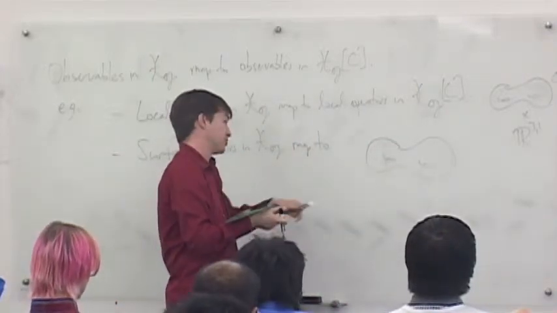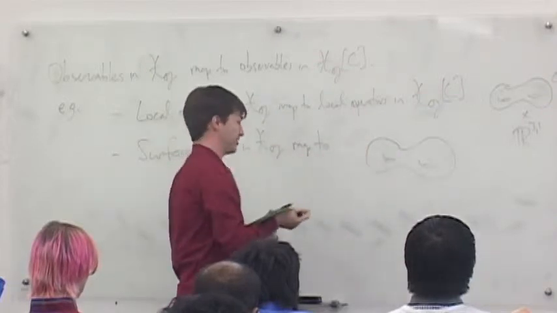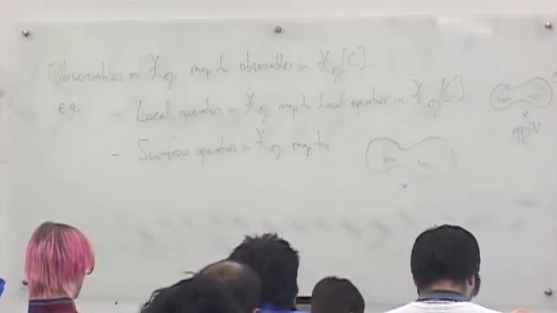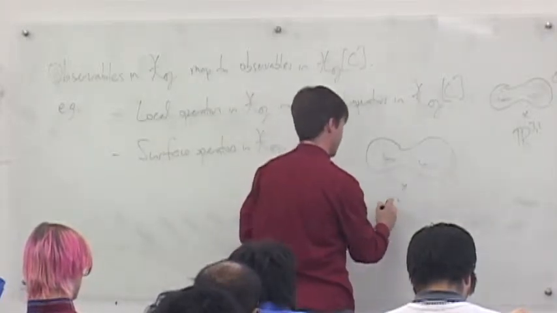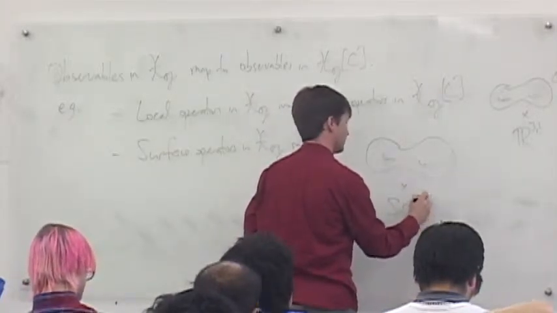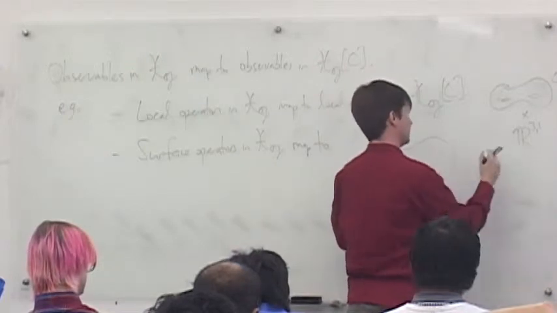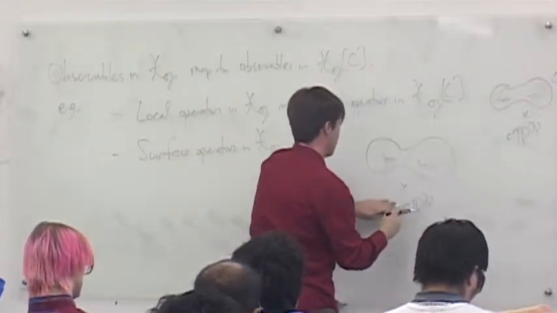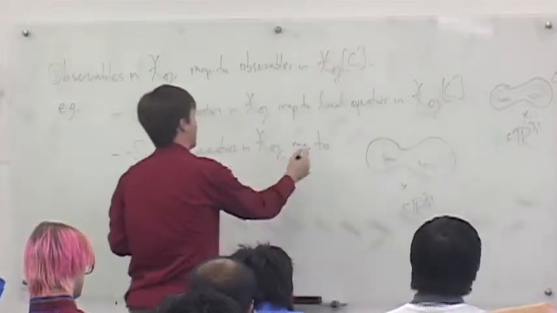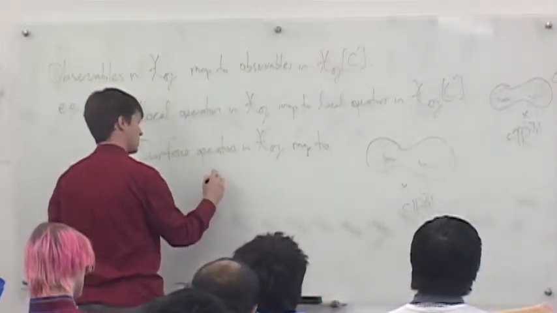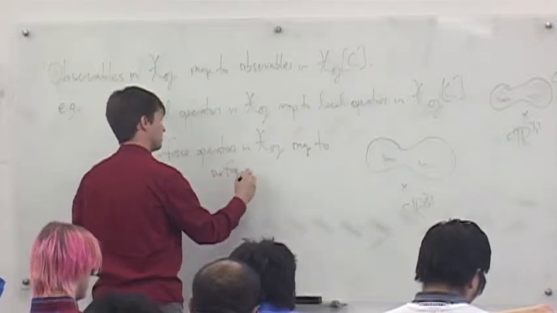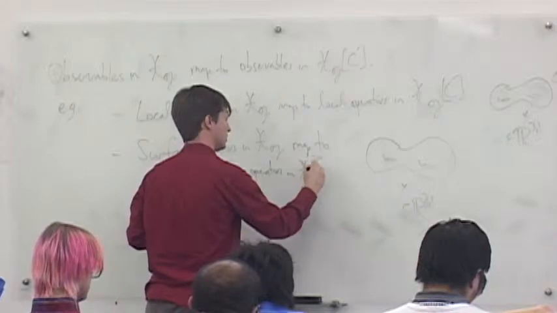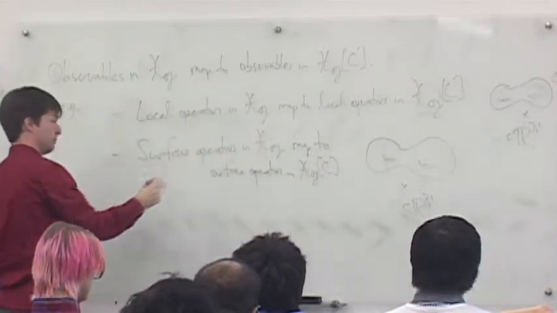One thing I'm allowed to do is take that surface to be just a point in the internal space cross any surface, in fact, in R^{3,1}. So here I had a point in the internal space; here I put a surface in R^{3,1}. So that would give me a surface operator in X_G of C. So this theory will have in it surface operators.